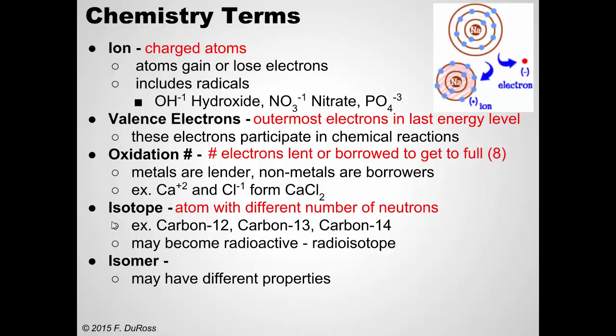Which version of carbon is the most common? How do you know that? Yeah, its average atomic mass is very, very close to 12. The vast majority of carbon on Earth is carbon 12. But there are some amounts of carbon 13, carbon 14 that bring that average up a little bit.